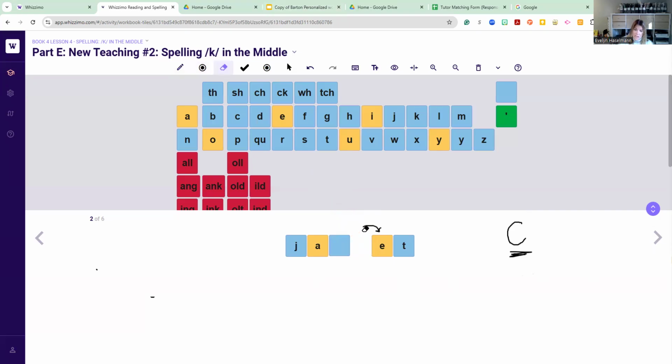Okay, the next word is going to be jacket. We're going to look again after the k sound. We got a problem because there is a watch out vowel in E, I, or Y. So we cannot use C. We need to check our second choice, which is CK. We can use CK here because this is a short vowel.